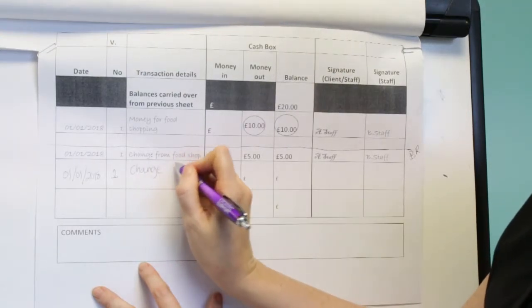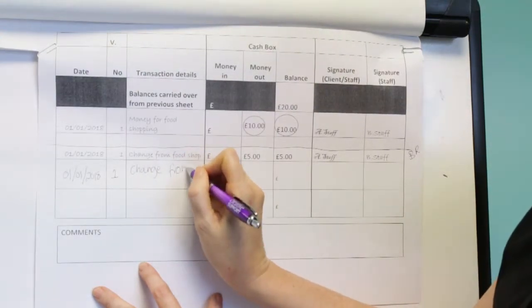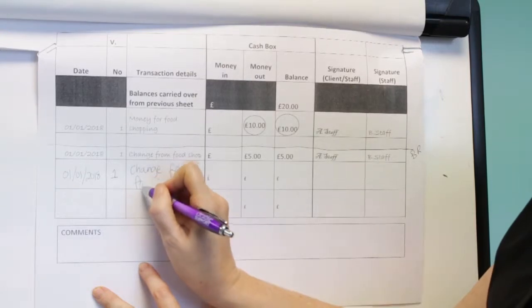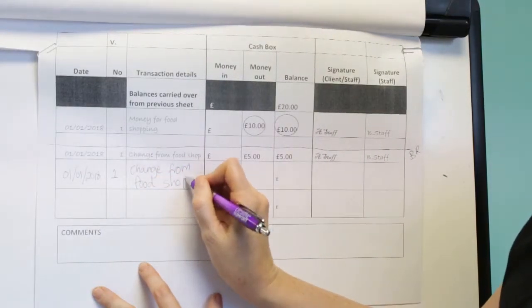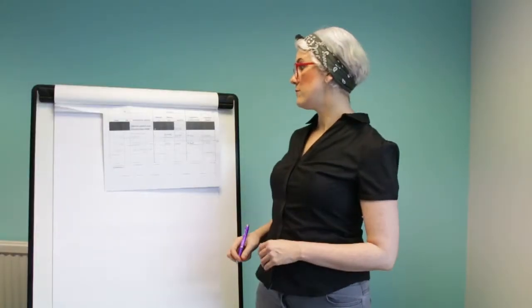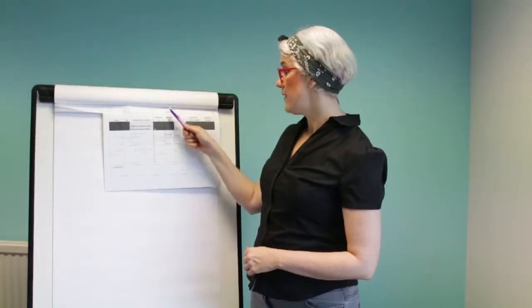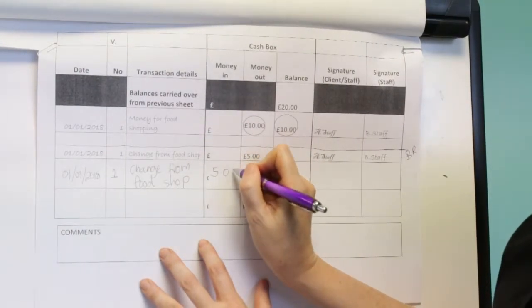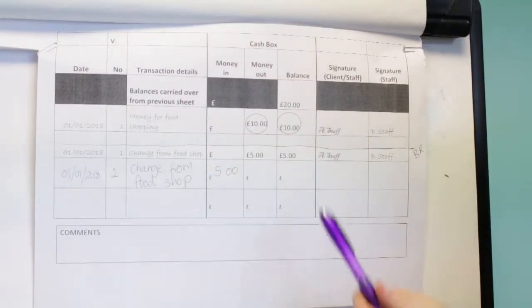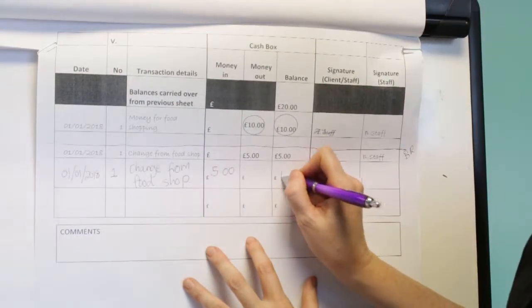We'll put that in there. And now we're going to record the money as it should have been, which is £5 in full, 5.00, and add it to the balance, and the new balance will now be £15.